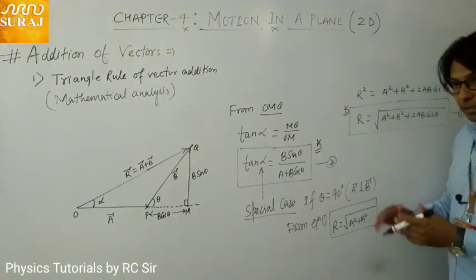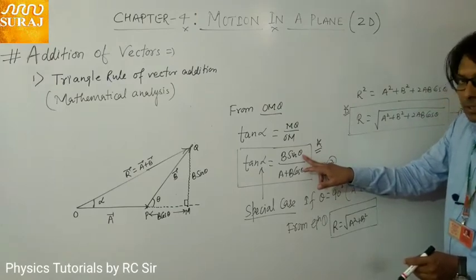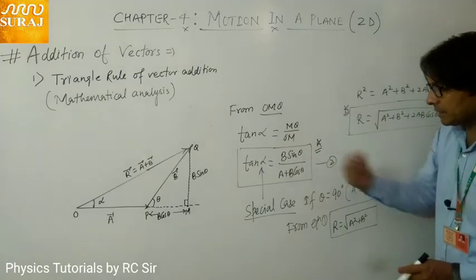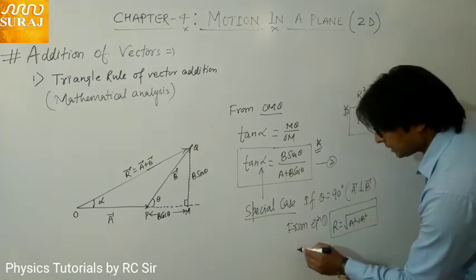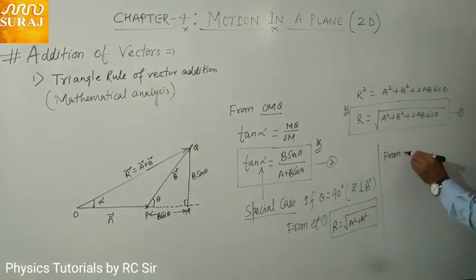If I put theta as 90 degrees in equation second, tan alpha is equal to B sine 90 divided by A plus B cos 90.